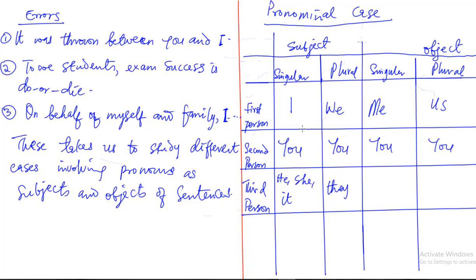So in object case, third person object case singular, you have him, you have it, you have her.